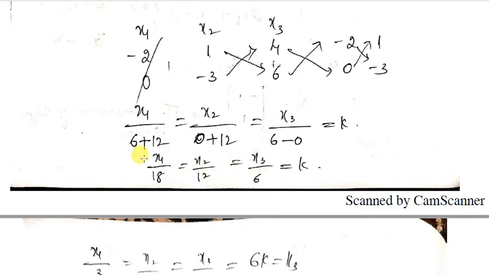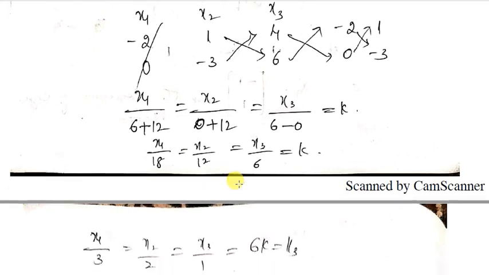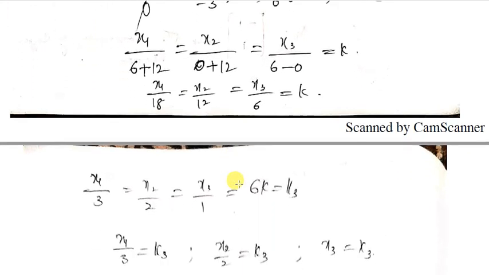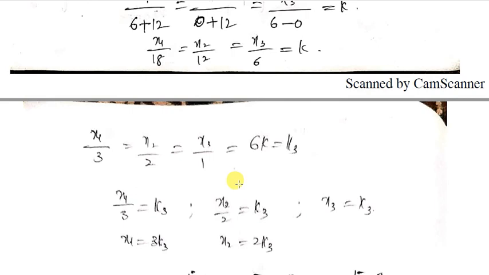Let us equate all these ratios to a common constant. Since in the denominators we have the multiples of 6, we can multiply throughout by 6, which gives x1 by 3 is equal to x2 by 2 is equal to x3 by 1, which is equal to 6k. Let 6k is equal to k3.